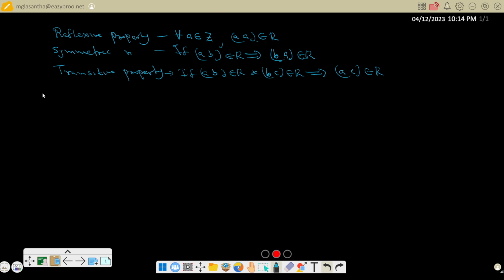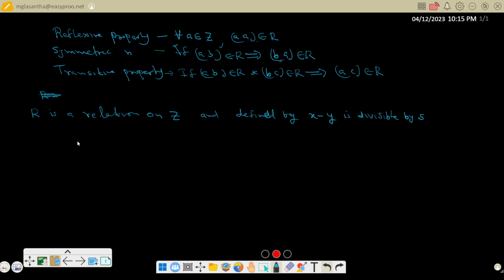So R is a relation on the set, defined by x minus y is divisible by 5.